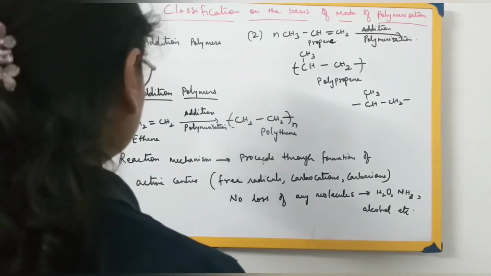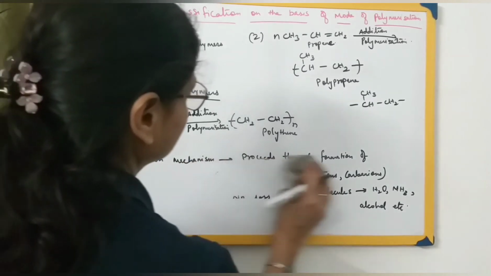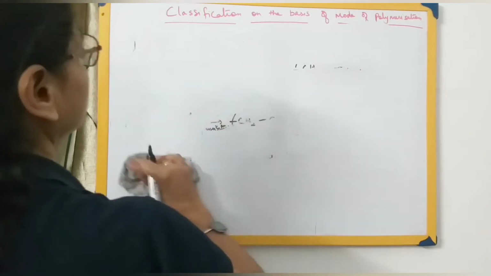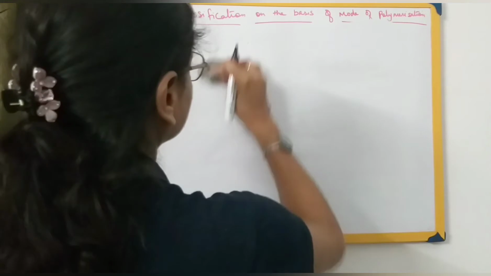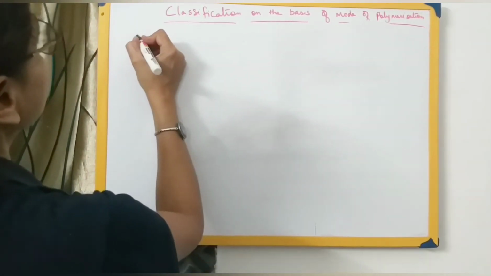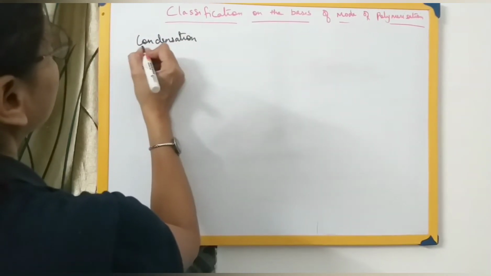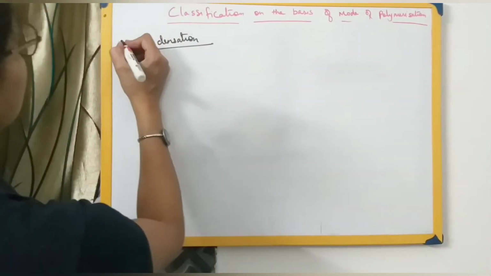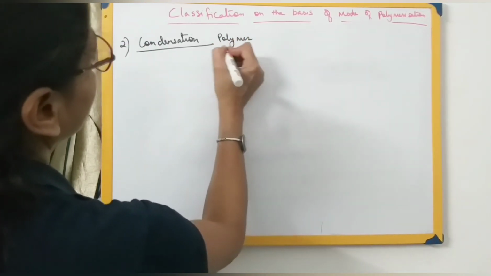Next, let's move on to the next type of polymers under mode of polymerization. The second type under mode of polymerization is condensation polymers.